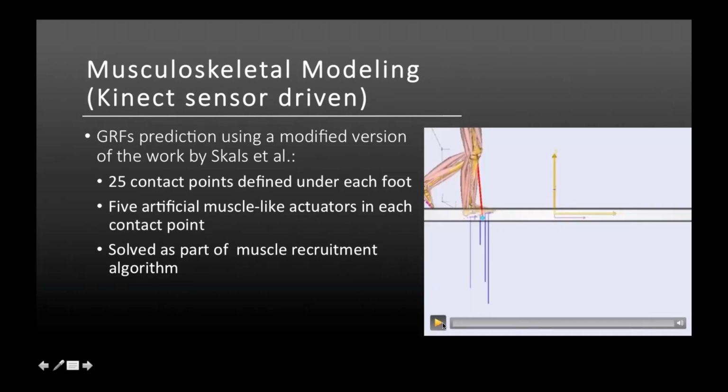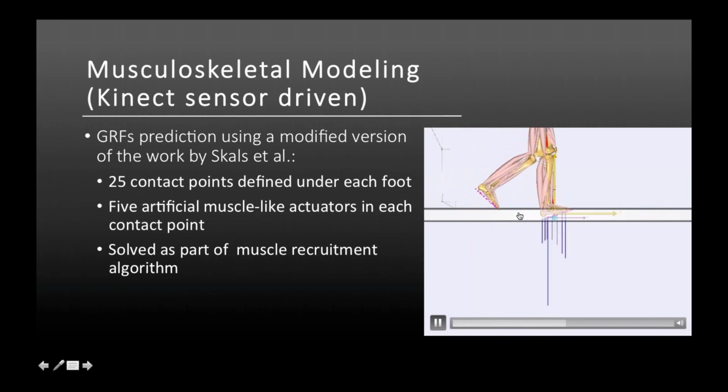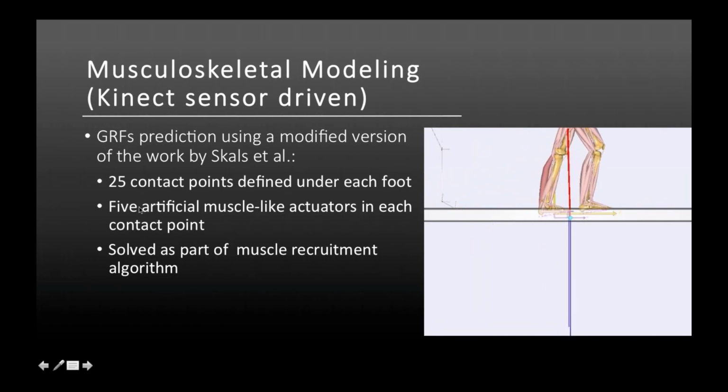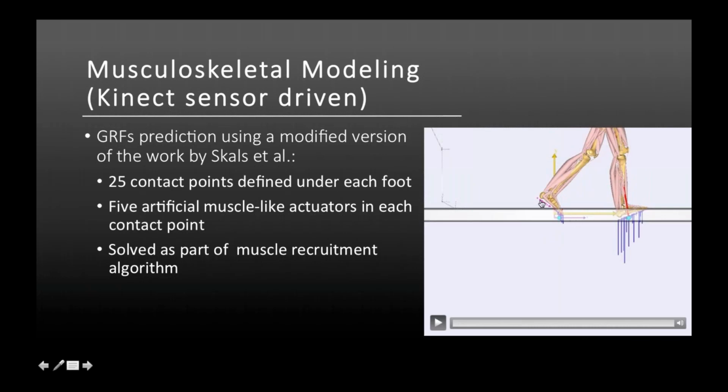So this is another view. If you look closely under each foot, you see those pink points, and those are the contact points. These points are part of the muscle recruitment algorithm when we solve the inverse dynamics model.